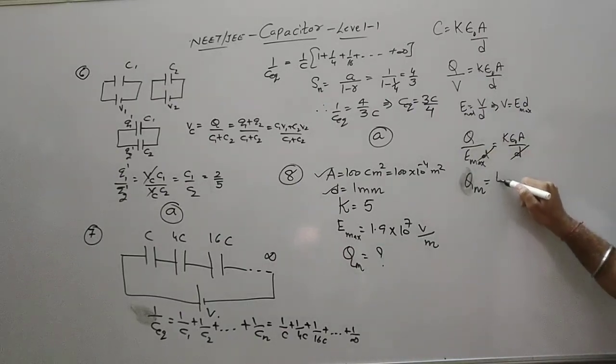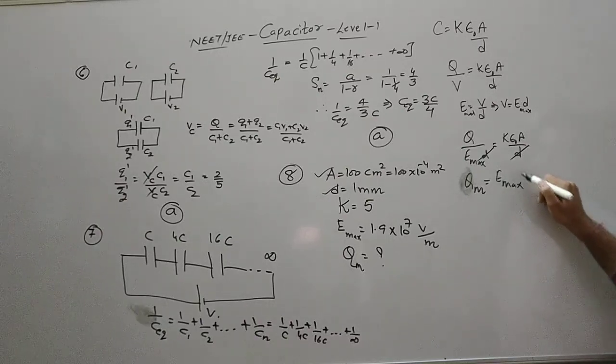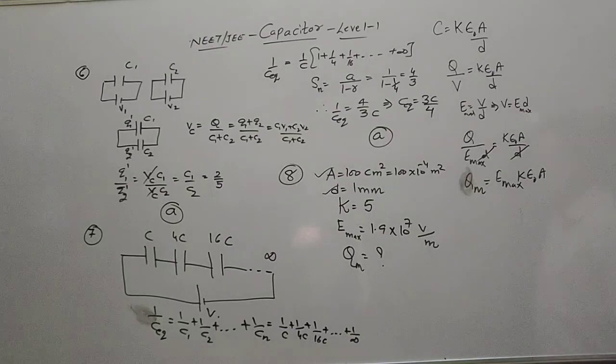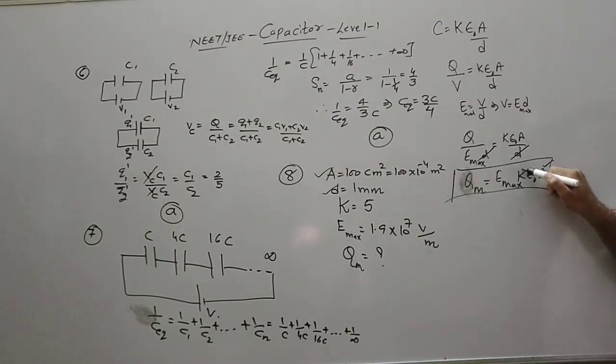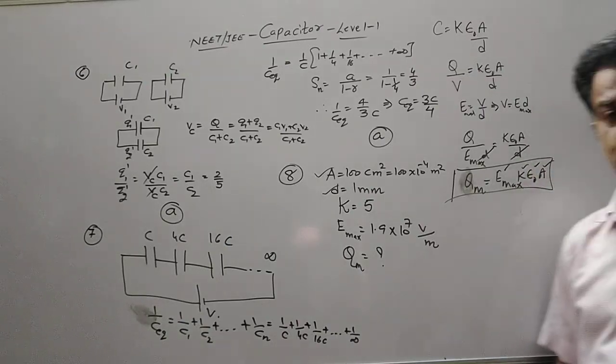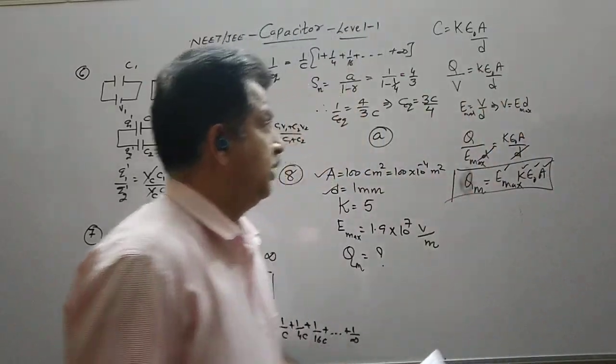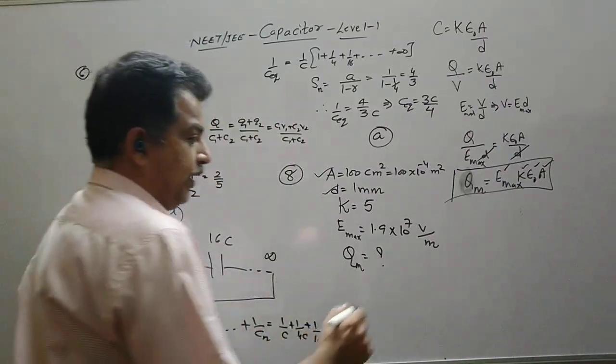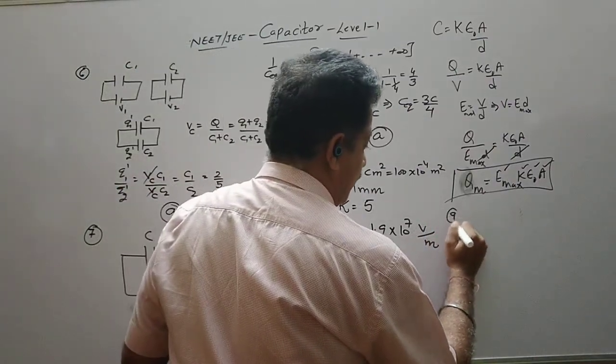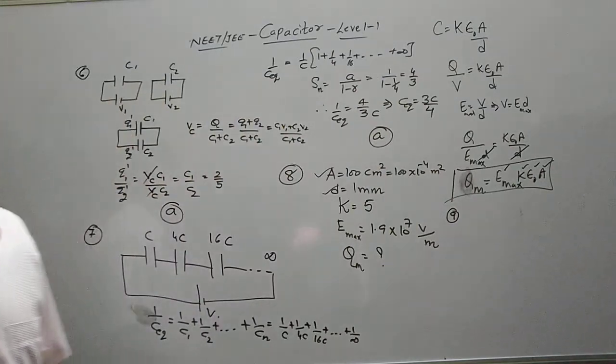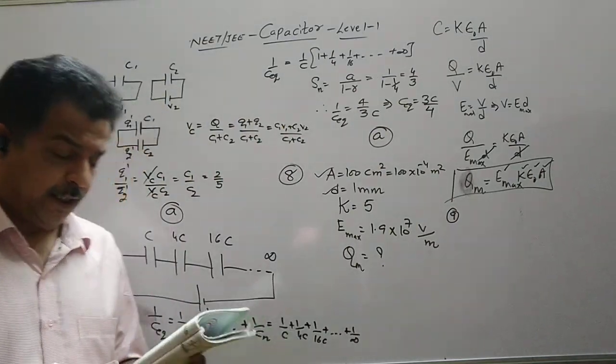So Q is equal to E max K epsilon naught A. This is the formula where A is known, K is known, epsilon naught is known, and E max is also given to us. So we simply substitute these values and find the correct option.